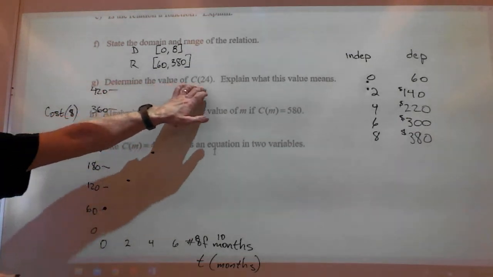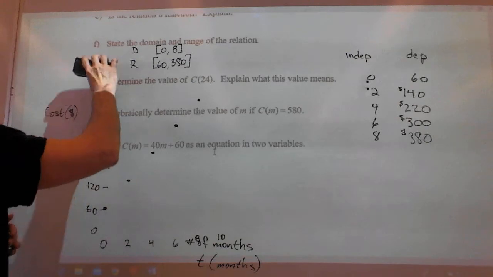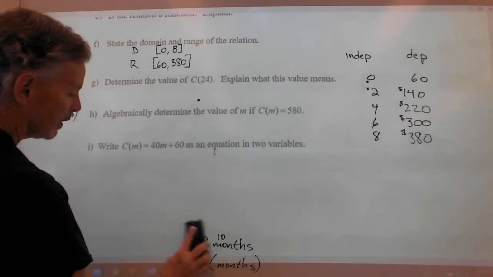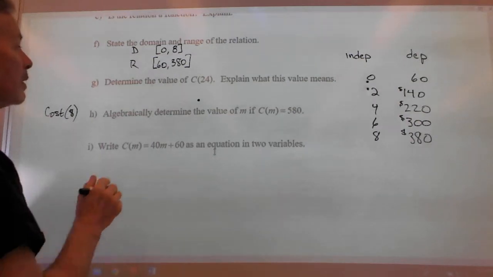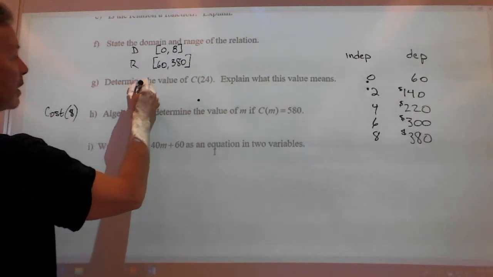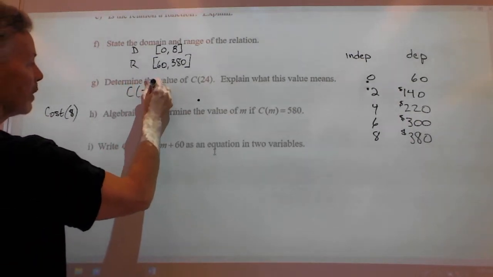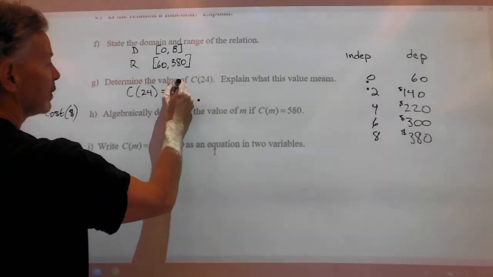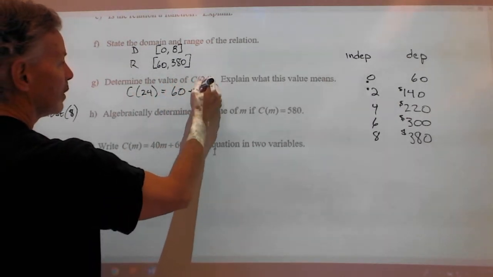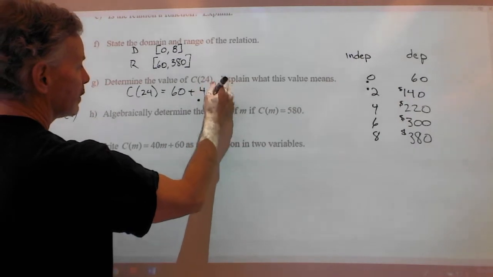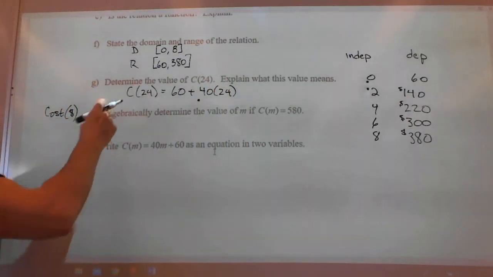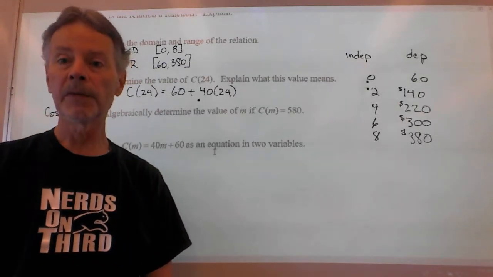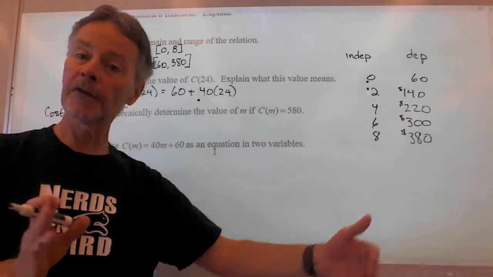Determine the value of C at 24. Well, that means find Y when X equals 24. So, C at 24 equals 60 plus 40 times 24. Okay? So this would be a 24-month membership. So this is going to be the cost for 2 years.